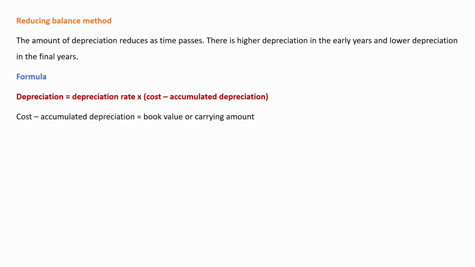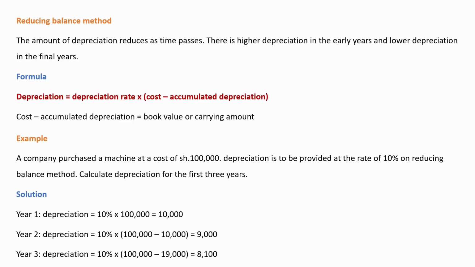And we normally take the rate, you multiply by the remaining value of the asset. So here is a simple example. A company purchased a machine at a cost of 100,000. Depreciation is to be provided at the rate of 10% on reducing balance method. Calculate depreciation for the first 3 years.